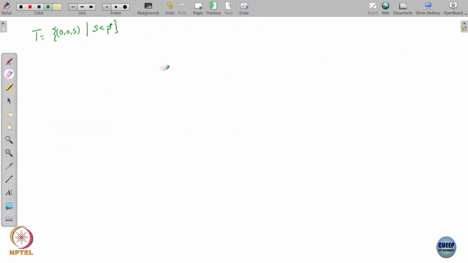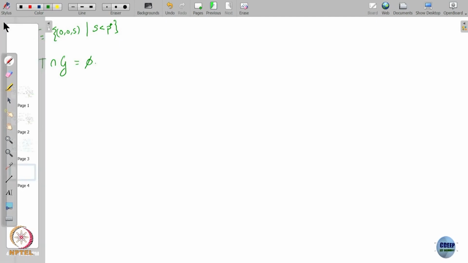But the thing that is important for us is that T intersection G is empty. This may seem very natural because of the kind of figure I have drawn.